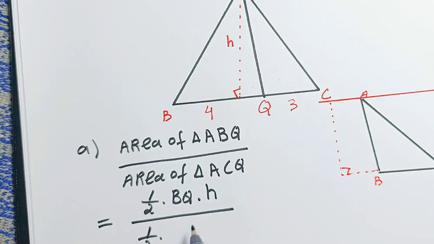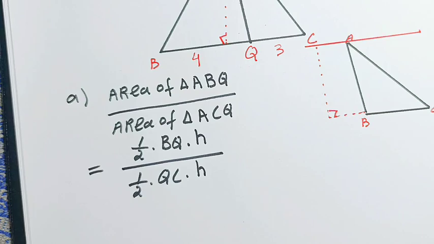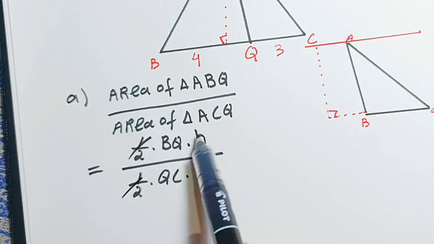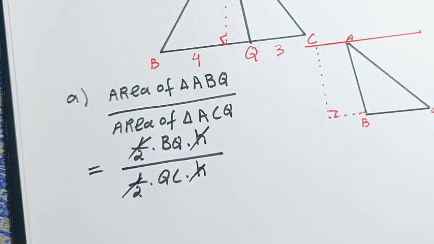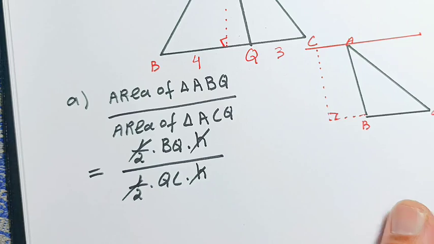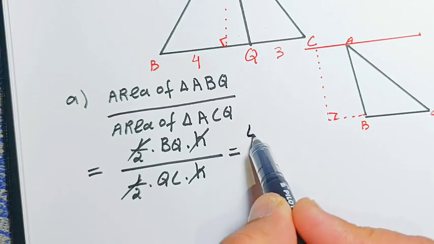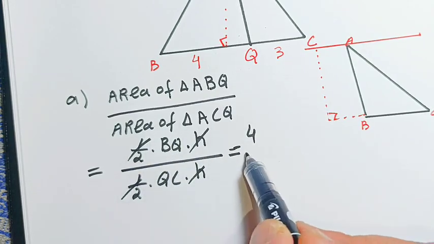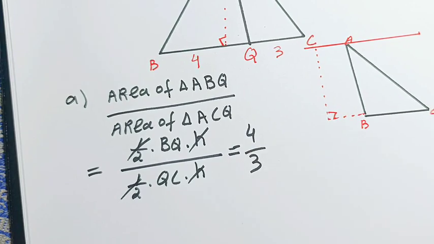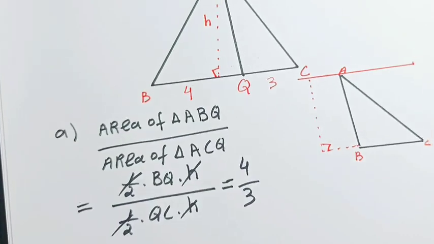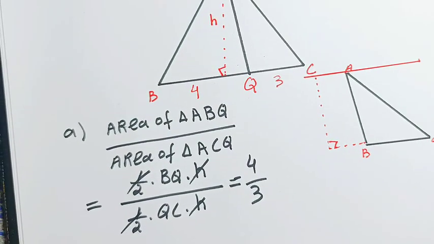This base is QC and H is my perpendicular height. Now these cancel, leaving only BQ and QC. BQ we got 4 and QC we got 3. So my final answer is 4 over 3.